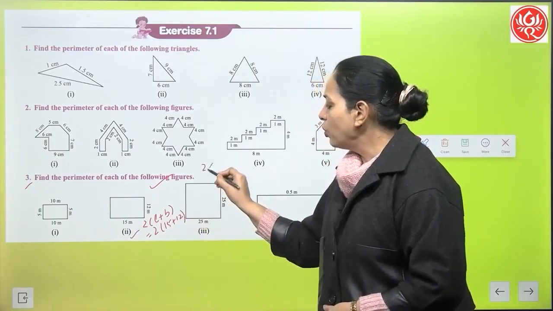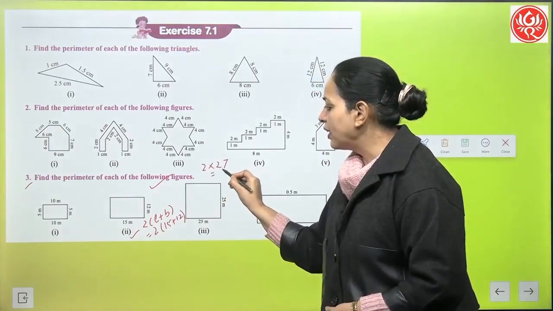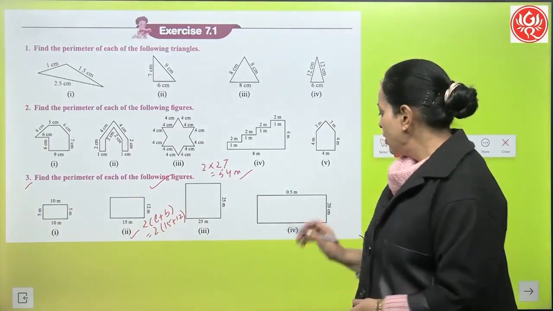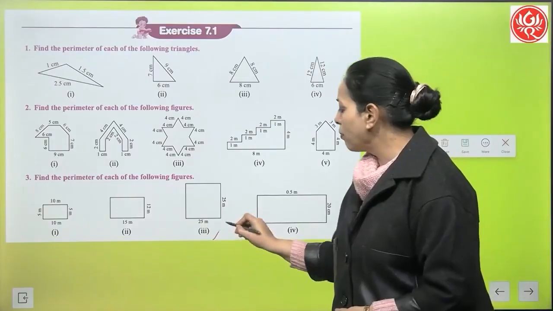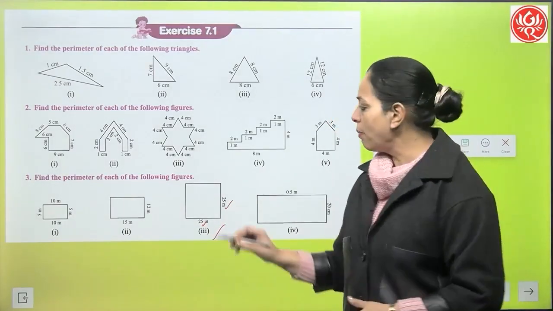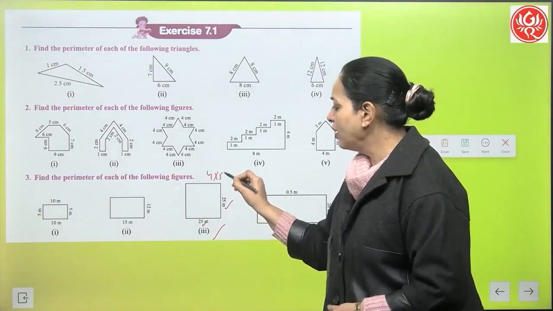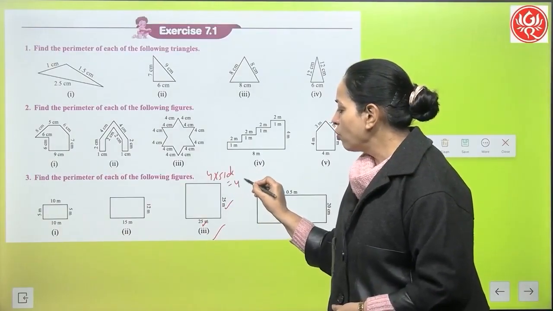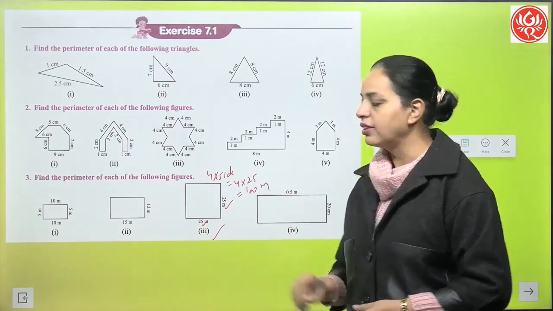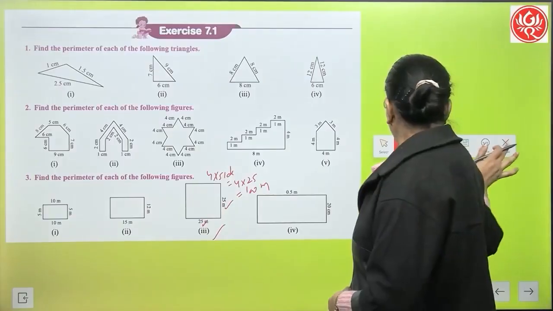It means 2 into 27, that is 54 meter. Okay. Similarly, we can do third part. It's a square of side 25 meter. So what is the perimeter? 4 into side. So 4 into 25, that is 100 meter. Similarly, you can try the remaining parts.